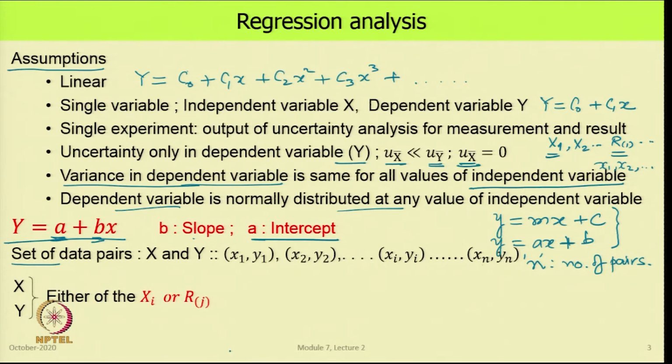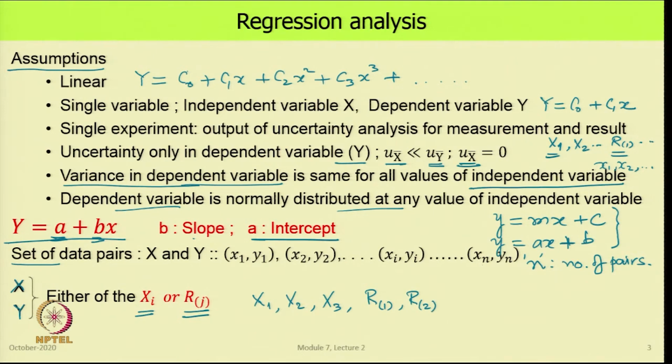And when we map this x and y that we have got here into what we got from our experiment, we said that either of these could be either of the xi's or either of the rj's. So, in an experiment we could have had 3 parameters, say x1, x2, x3, and using that we generated 2 results, r1, r2.